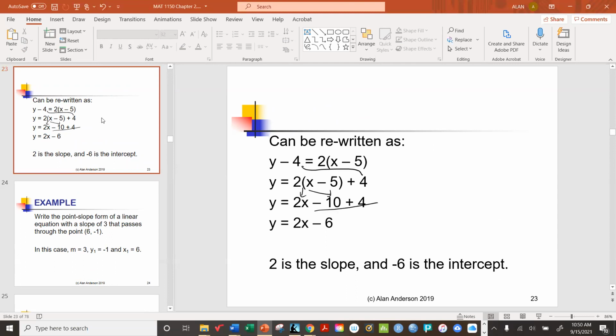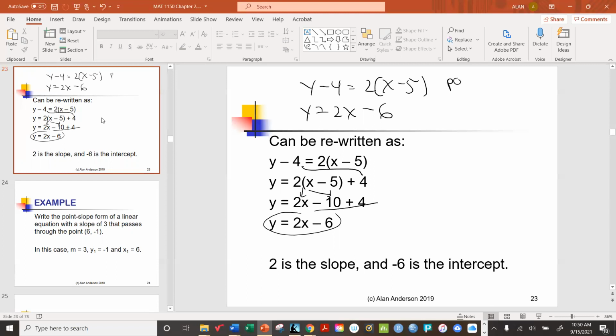Consolidate these two constants, and what do you know? So what this means is that y minus 4 equals 2 times x minus 5 and y equals 2x minus 6 both mean the same thing. This is point slope form, and this is slope-intercept form. They both represent the same thing.